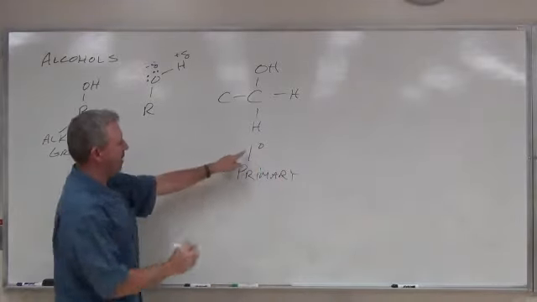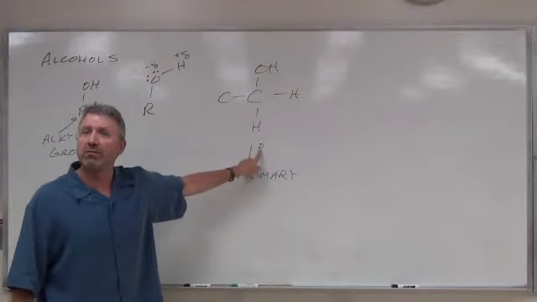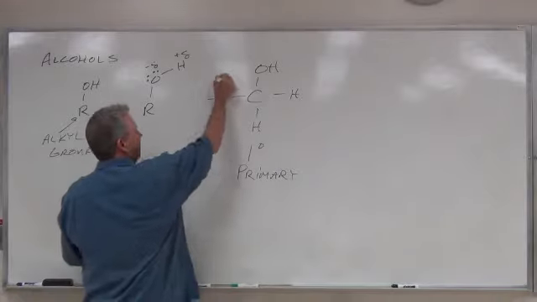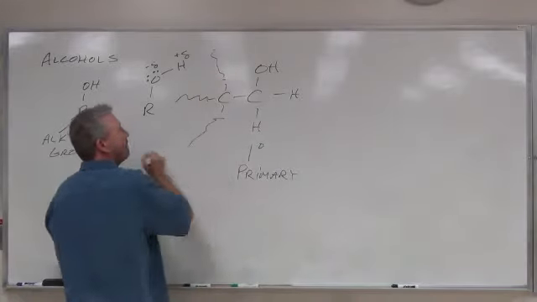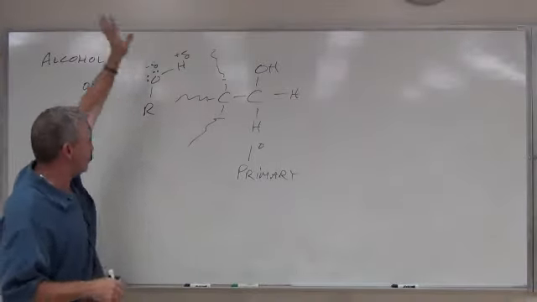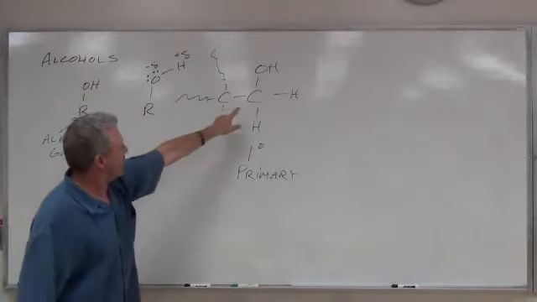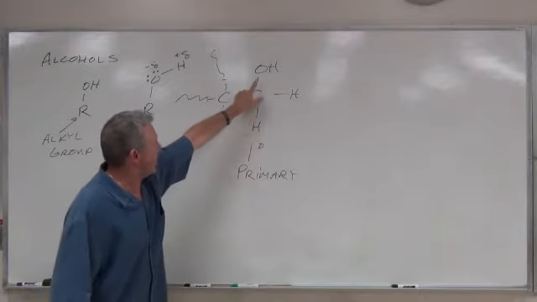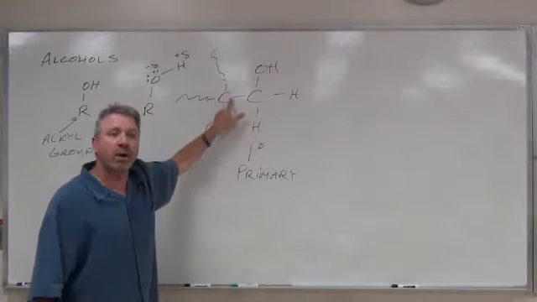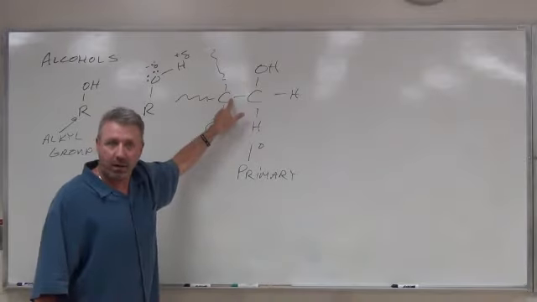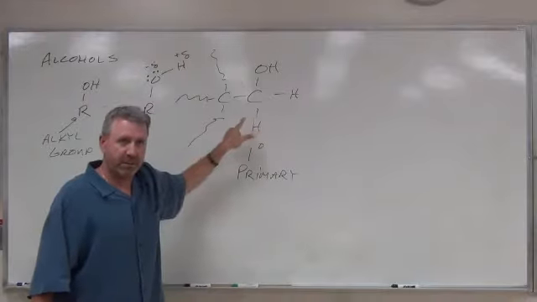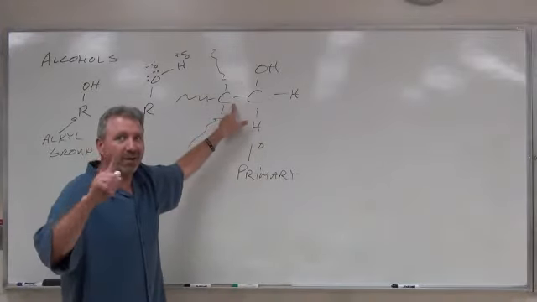And we show primary with this little degree sign on it. Now, it doesn't matter what's attached out here. You could have big, long carbon chains. The only thing that matters is the carbon that contains the OH group is bound to one and one only carbon. Or you could say it has two hydrogens. But it's bound to one carbon, then it's primary.